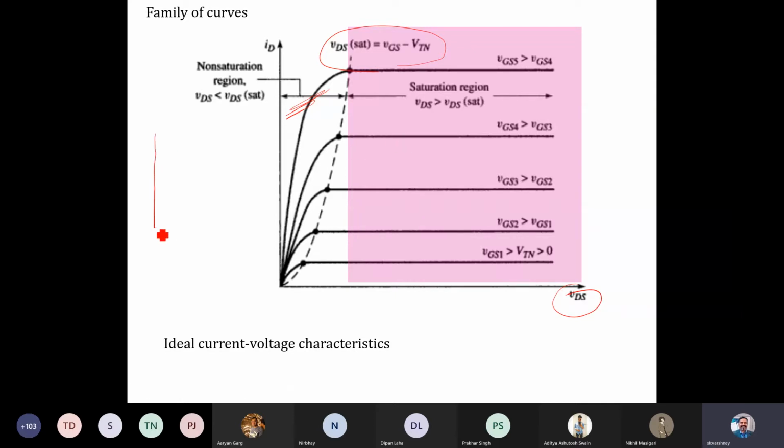So what do I mean? Like in the BJT, we have seen that there is a finite slope, so it means something like this. Eventually this is not flat, but something like this characteristic, which has a certain amount of finite slope. This finite slope comes because of channel length modulation, right?